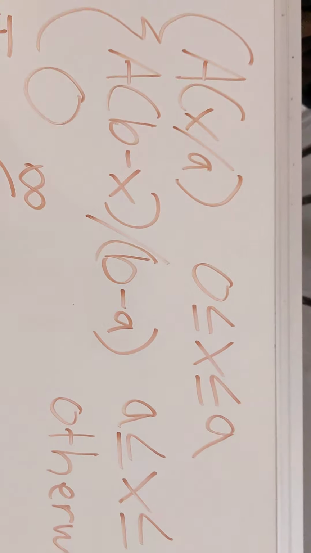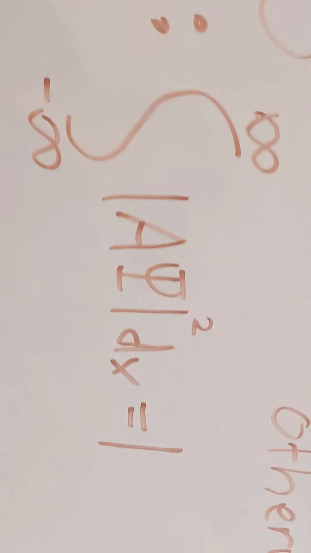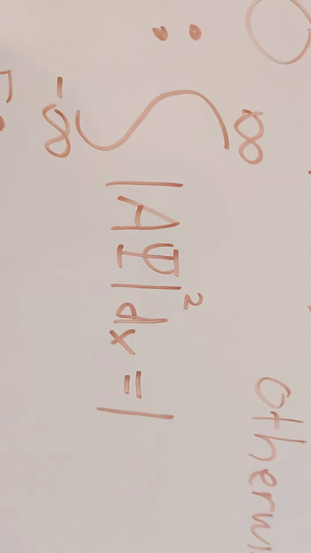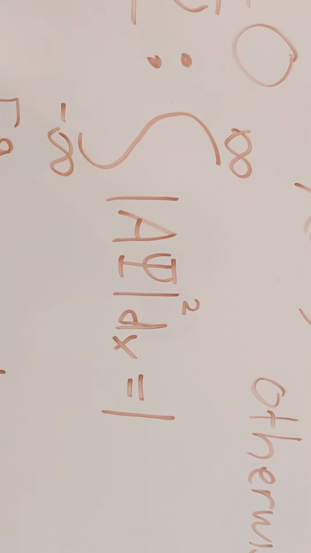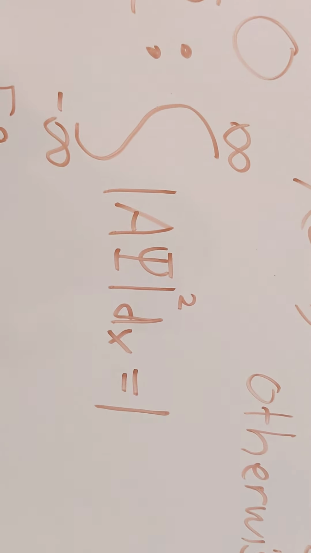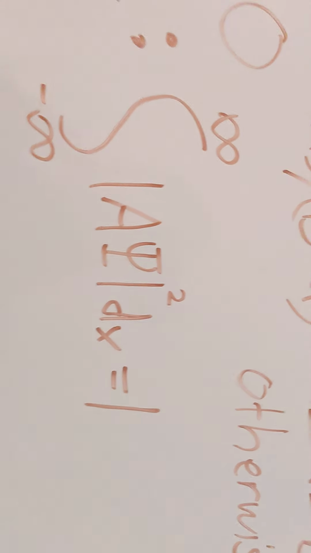We have our wave function. Here is our wave function. And so what does it mean to normalize the wave function? Well, we learned that if you take the integral of the probability density function and set that equal to 1, that's how you normalize the wave function.